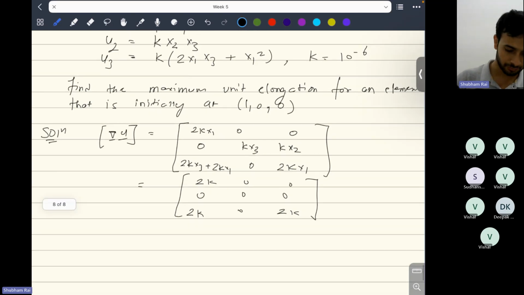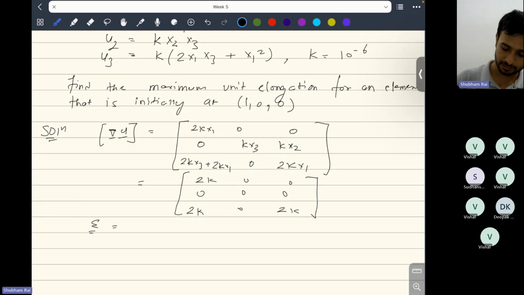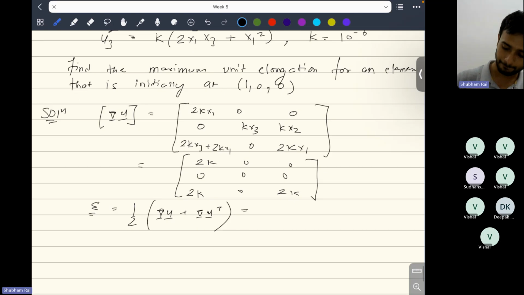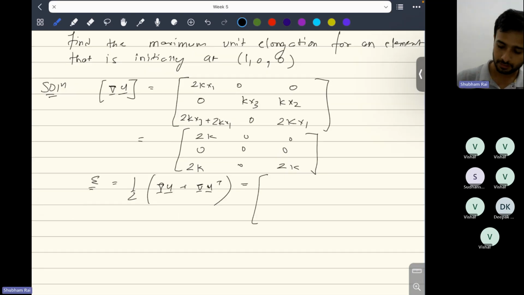Now the strain tensor is nothing but half of grad u plus grad u transpose. Diagonal elements will remain as they are. This will be 2k, and this will be 0. If we do the transpose of this, here this will be 2k 0 2k. So 0 plus 2k by 2 will be k here, right?